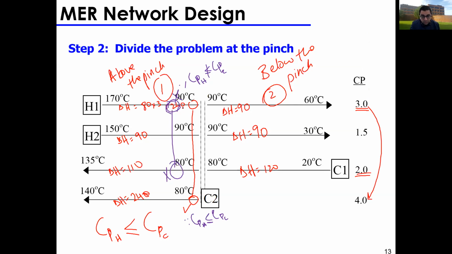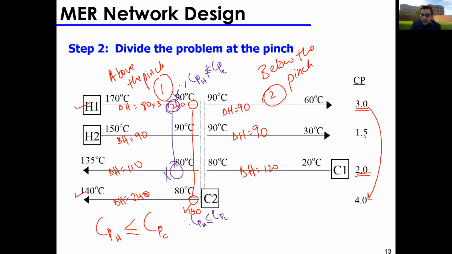So this one has 240 to give. This one needs 240. So this looks like a reasonable transfer. So I'm going to transfer all of the 240 here, right? So this heat exchanger transfers all this 240 energy, and I basically satisfied the energy requirement for this guy and satisfied the energy requirement for this stream right here.